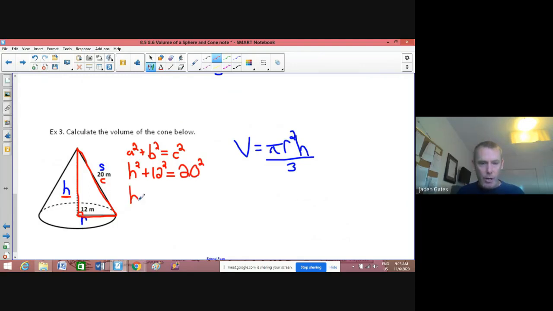All right, so I do a bit of math here. So I got h squared, 12 times 12 coming up here. 12 times 12 is 144. 20 squared is 400. All right, I'm going to move that 144 to the other side. So I have h squared is equal to 400 minus that 144.